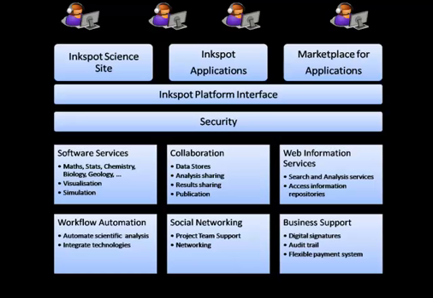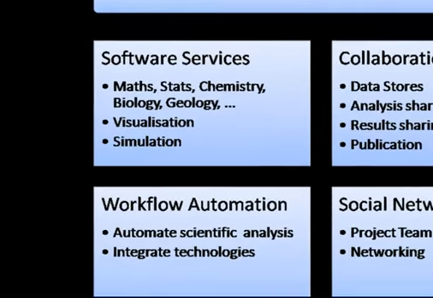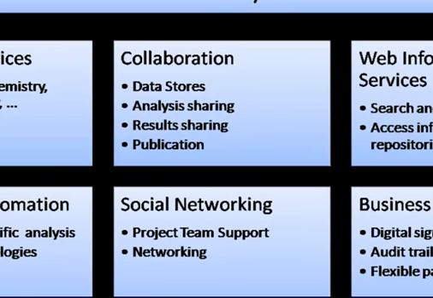Inkspot platform hosts software components and workflow automation in the cloud. This allows the easy integration of components from specialized domains and different technologies. It's fully Web 2 enabled with a focus on fine-grained control of security.